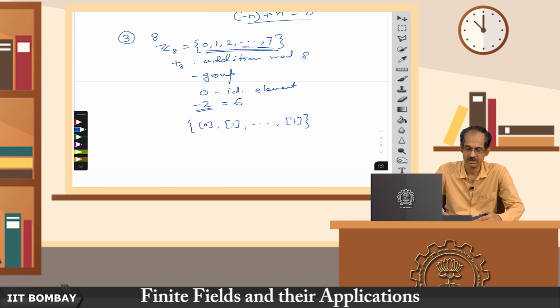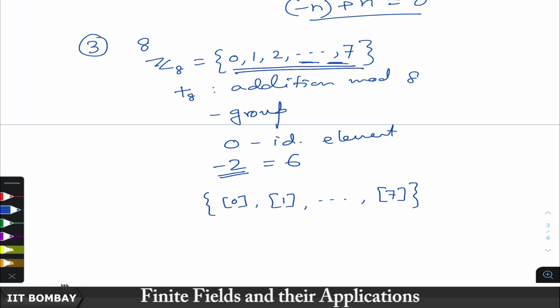There are 8 congruence classes modulo 8, and the addition operation between congruence classes was defined as i plus j, these two congruence classes. So, what is this congruence class? Just to recall, this is the set of all integers which have residue 1 when you divide by 8. Okay. So, each congruence class is a set of integers, infinite set of integers.